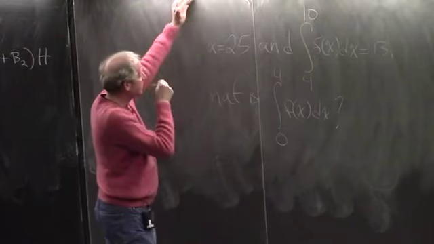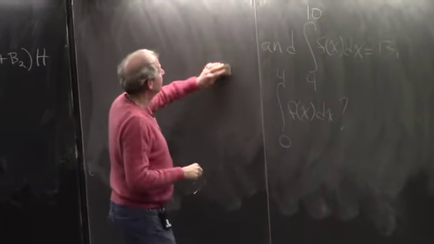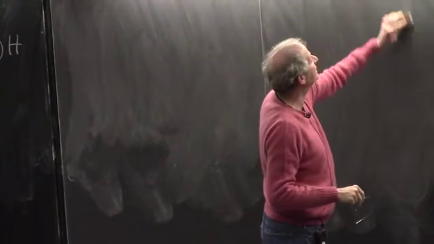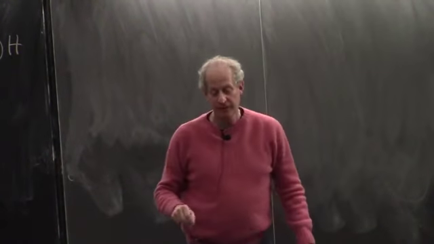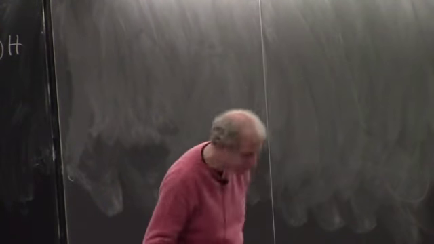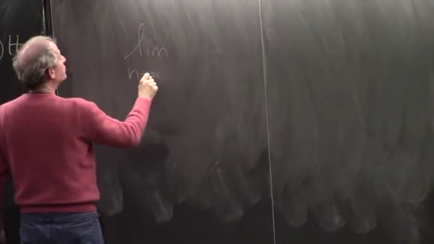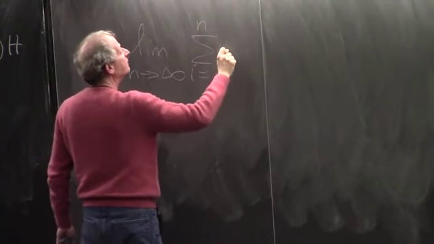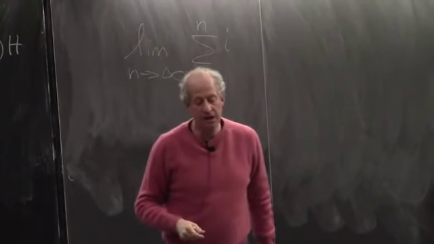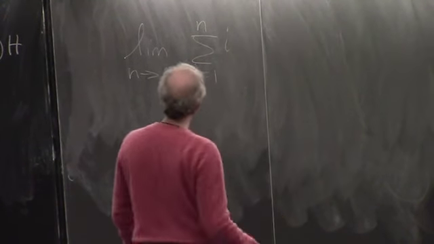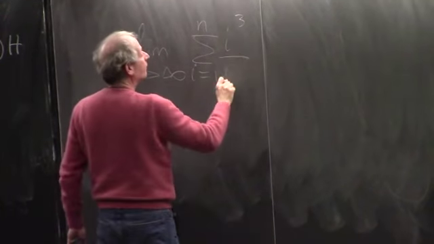Suppose I put in my notes that I put up on the blackboard, but obviously for the 3 of you who looked at the notes, it's not a problem. For the 227 of you who did not, and I wonder why no one likes it. Okay, so, if I wanted to find the limit as n goes to infinity of the sum from i equals 1 to n of i cubed over n to the 4th.